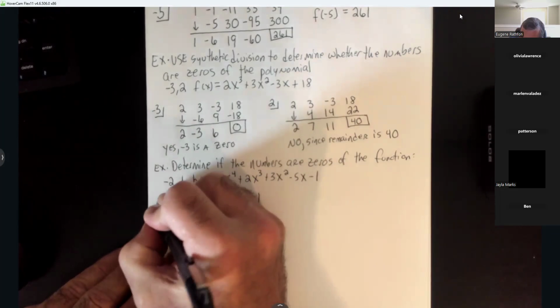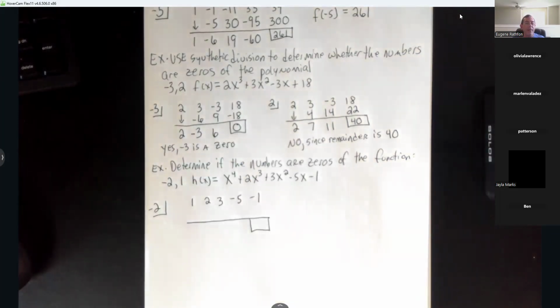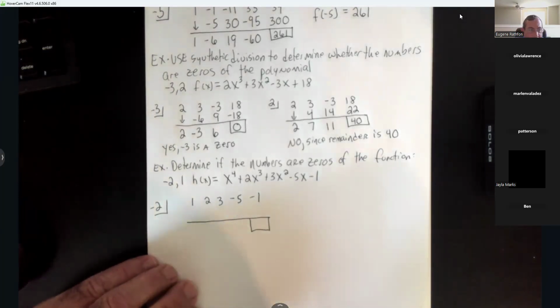All right, y'all. So, y'all, tell me, is negative 2 a zero of that polynomial? All right, so y'all are saying no. All right, good job.